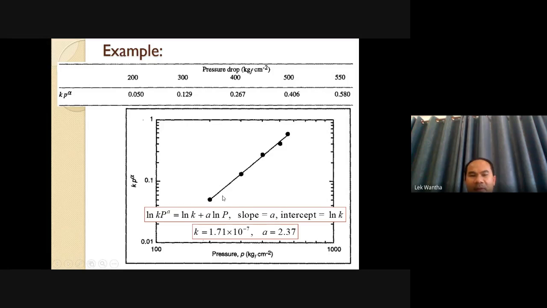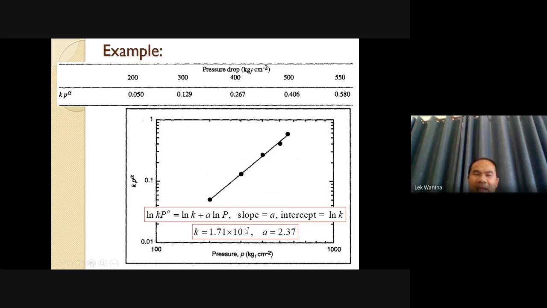Okay. If you don't like to plot in the log scale, you have to take this value and plot log Kp power A and log P. Up to you. And then you plot the Kp A in log scale and P, you get the slope, which is 2.37, and k is 1.17 multiplied by 10 to the minus 7.